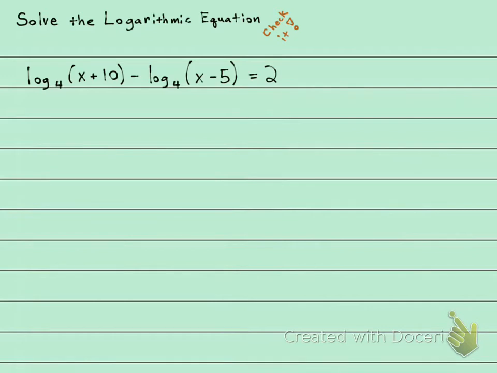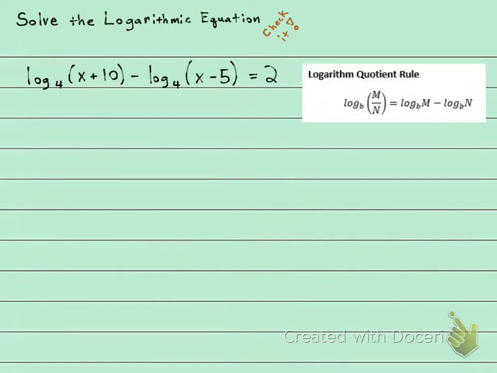So first thing we're going to do to solve this, we're going to use one of our properties that's going to allow me to put these two things together. Ultimate goal, get the x out of there, but I'm going to put them together under one log, and that is going to be this quotient rule here. If I have two logs to the same base and I'm subtracting, I can put them together as one logarithm with the quotient.